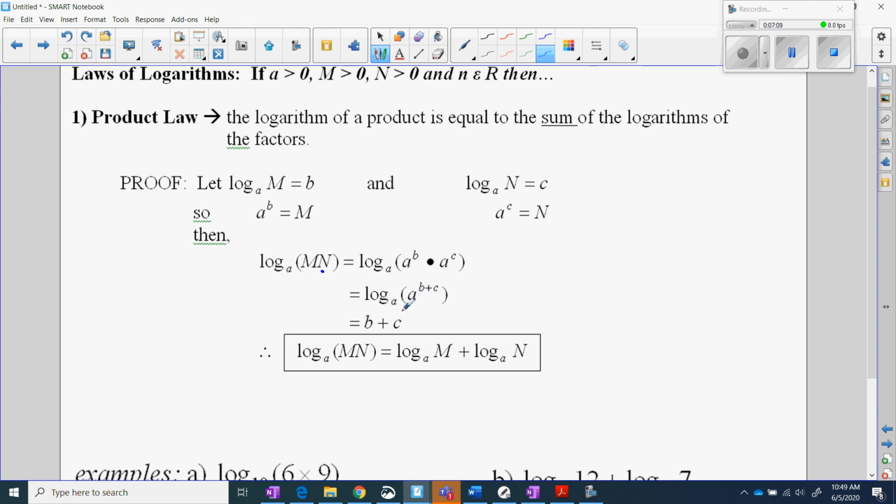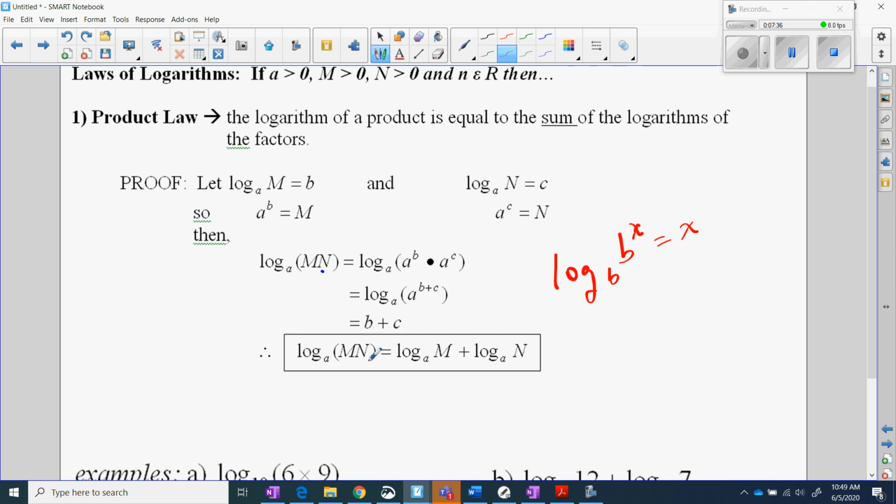Notice now that this base is the same as this base. One of the properties of logarithms was that if you have the log of b to the x, to the same base, it has to equal x. So that's exactly what this situation is. You have the log of a to some exponent to base a, and the answer has to be the exponent.